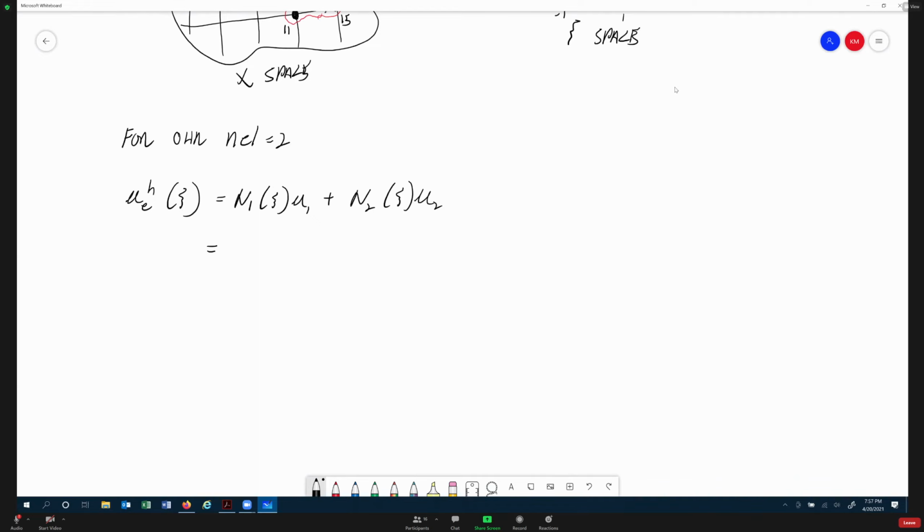So we can plug in, if we wanted to, we can say this is equal to (1 minus ξ over 2) u1 plus (1 plus ξ over 2) u2, right? We just plug in our values for that.